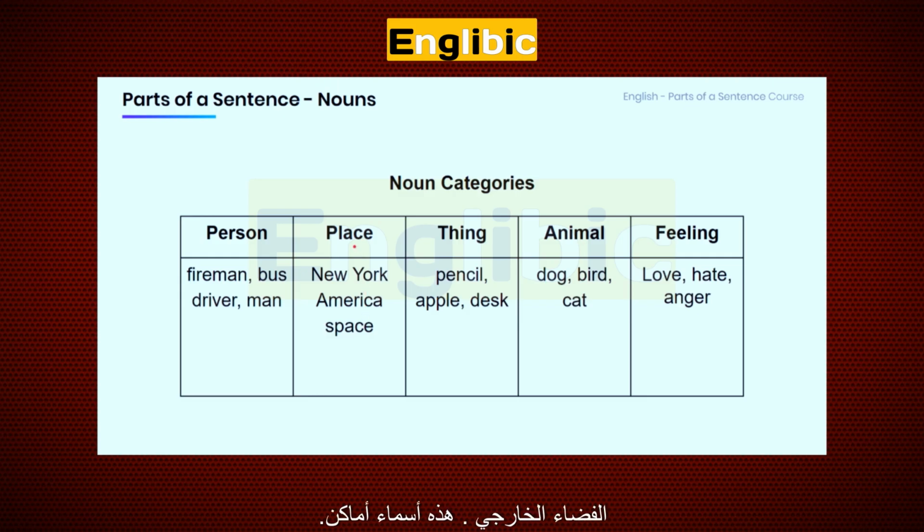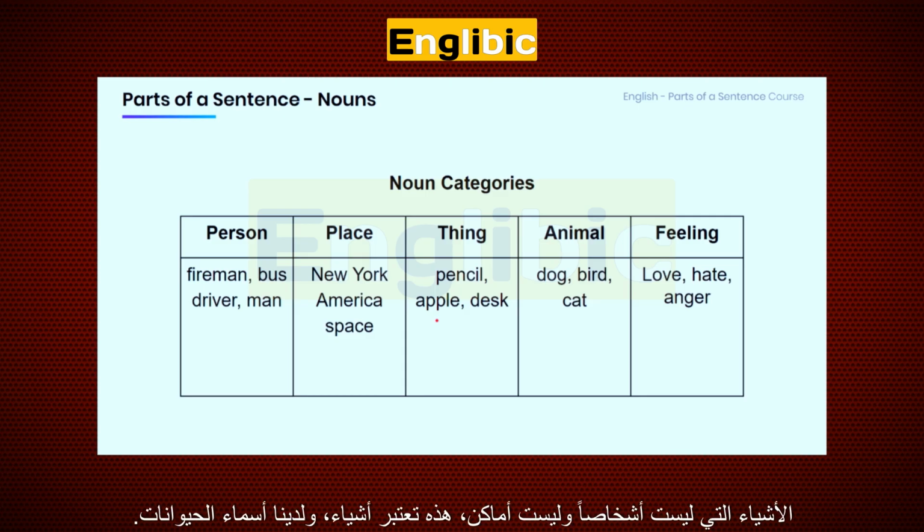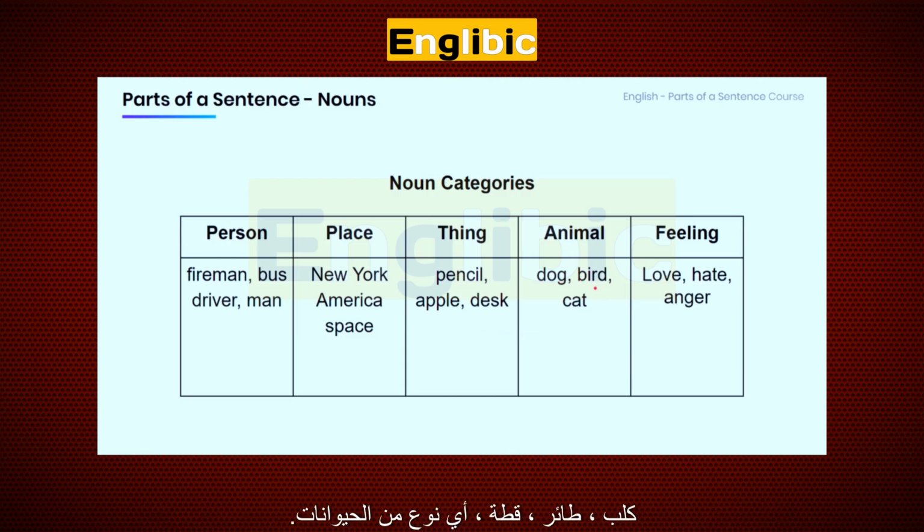These are place nouns. Things can be nouns. These are non-living things like pencil, or living things like apple, okay? Desk. Things that aren't people, they aren't places, okay? These are considered things. And you have animal nouns. Dog, bird, cat, any type of animal.